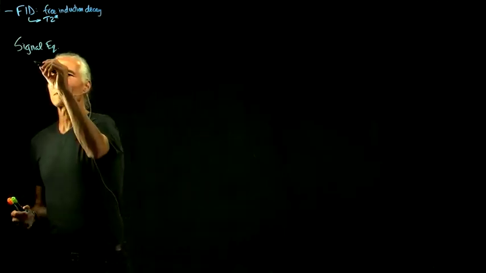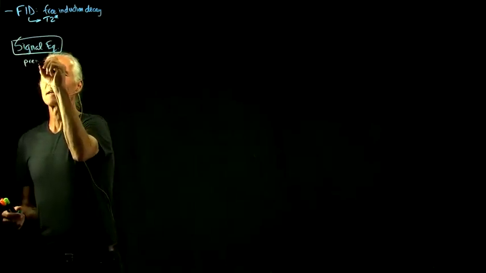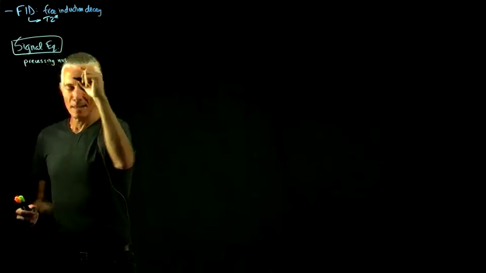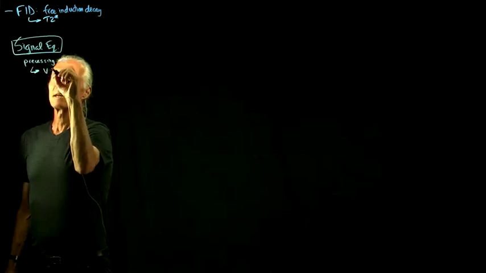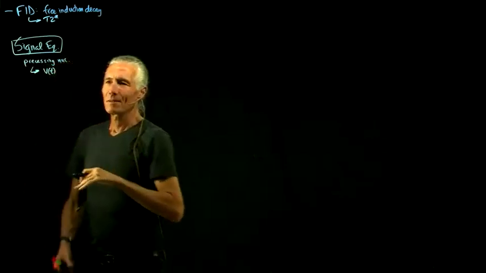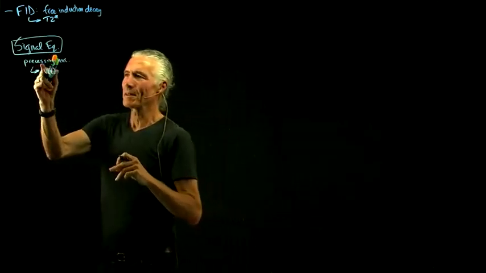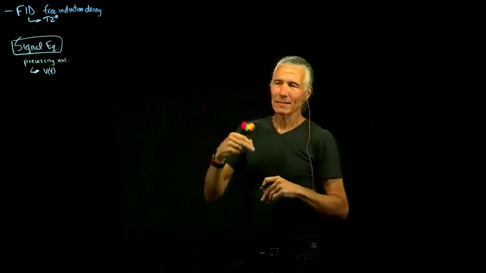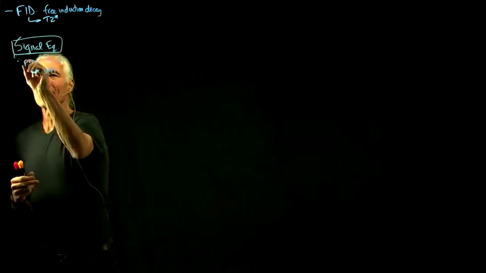So the signal equation: we had precessing nuclei, and then they induce a voltage, and then we said there's this phase-sensitive detection, which we didn't explain yet, but if we assume that, then we can get this complex number at each point in time. So that was the signal equation one.